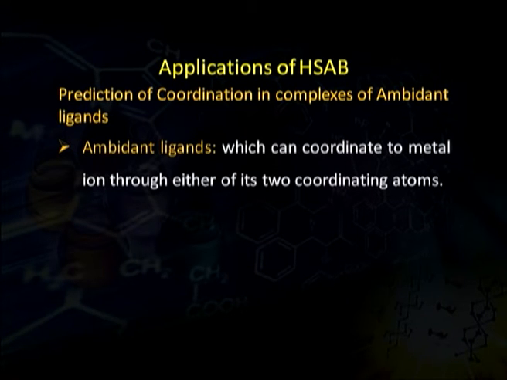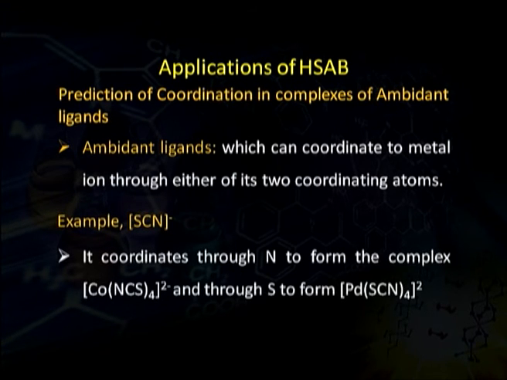Through which atom a particular metal will coordinate can be predicted by the HSAB principle. For example, we have SCN minus. It coordinates through nitrogen to form the complex cobalt NCS, which is isothiocyanate, and through sulfur to form platinum SCN, which is thiocyanate.